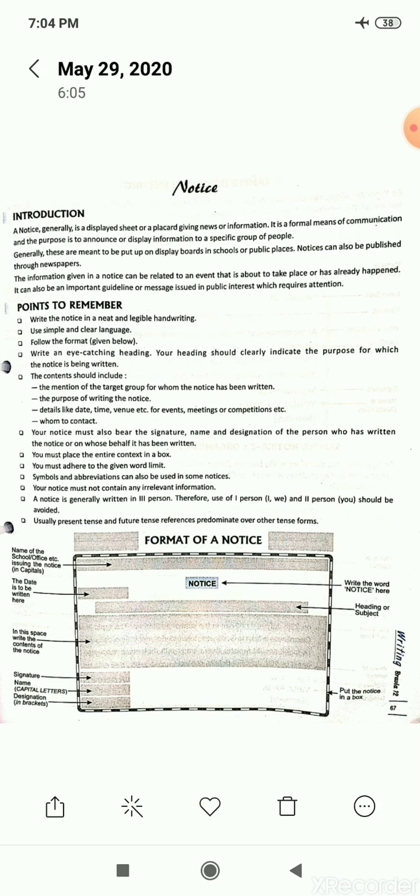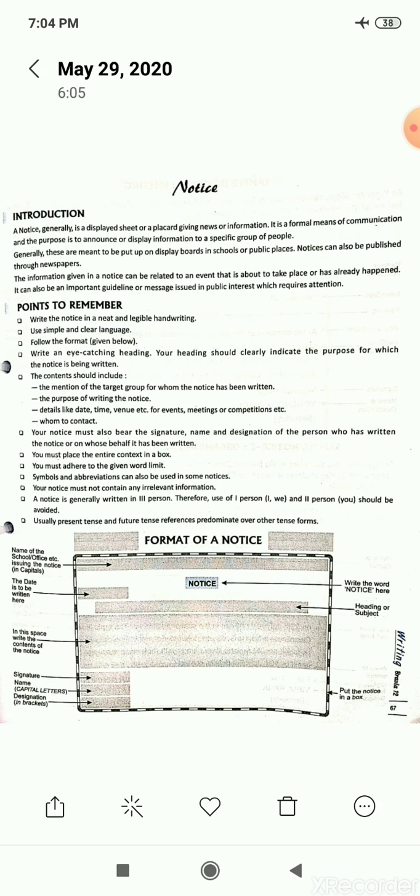Next, a very important point is that we should not include any irrelevant information in our notice. Why? Children, the word limit is already very small. While writing paragraphs or letters, we need to cook up stories, add lines from our side, and increase length.